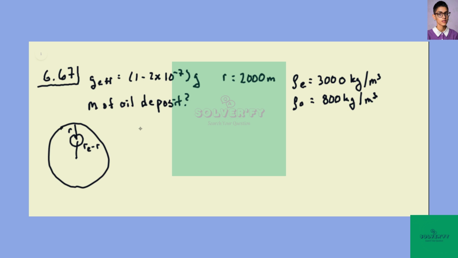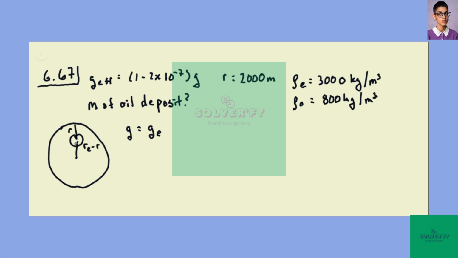So our effective G is going to be the G of the entire Earth. So what we're going to do here is use the fact that we're outside of all of these spherical masses, and so we can treat them as just point masses.